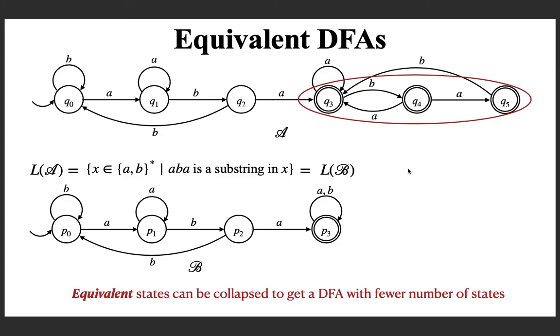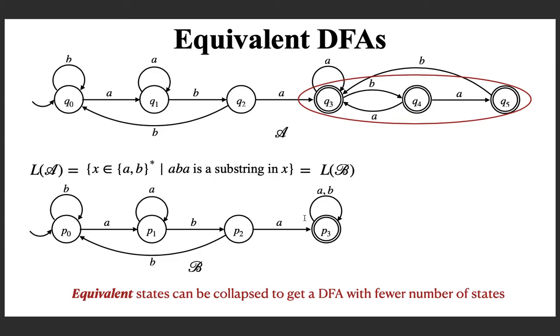Again, how we find them is a different issue. Suppose someone is telling you that these are equivalent, then what you do? Collapse all of them into a single state and all the transitions then have to be defined back to itself. That again we will discuss, how to collapse. So equivalent states you have to find and collapse. That is what you can do to find an equivalent DFA with a fewer number of states.